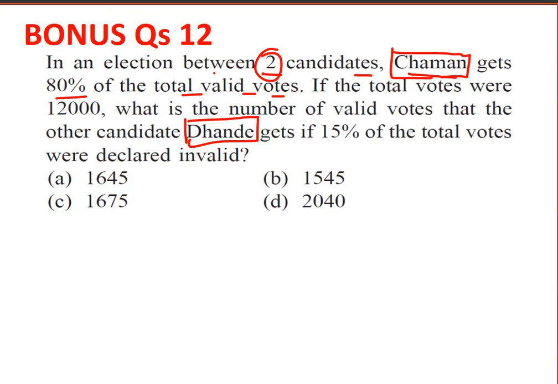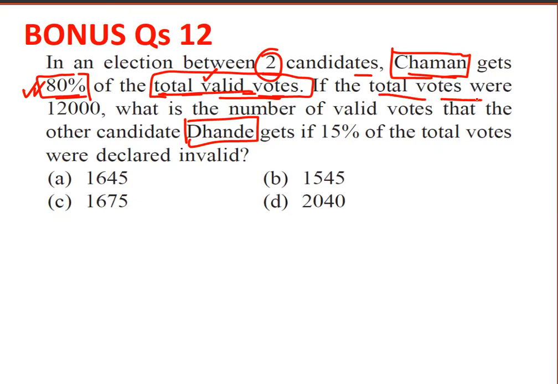Chaman gets 80% of total valid votes. So be careful what I am marking, total valid votes. I know that there is something as valid votes and invalid votes. That is why I am highlighting this factor.